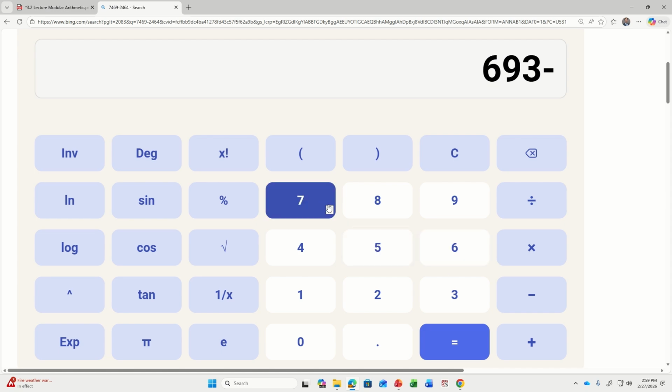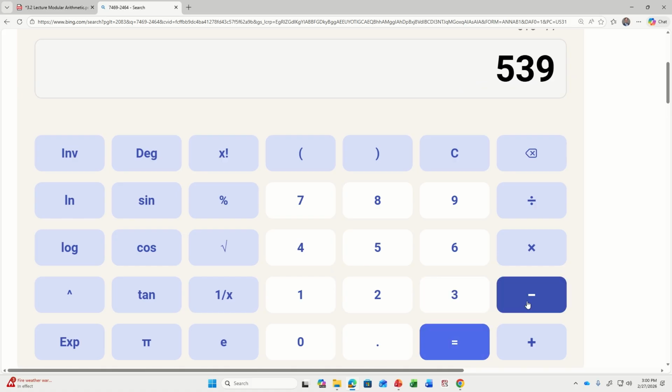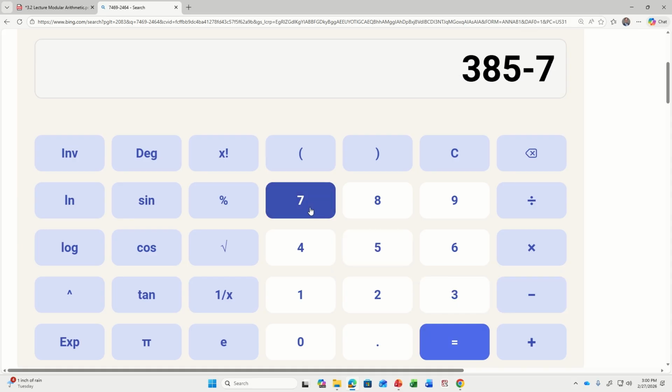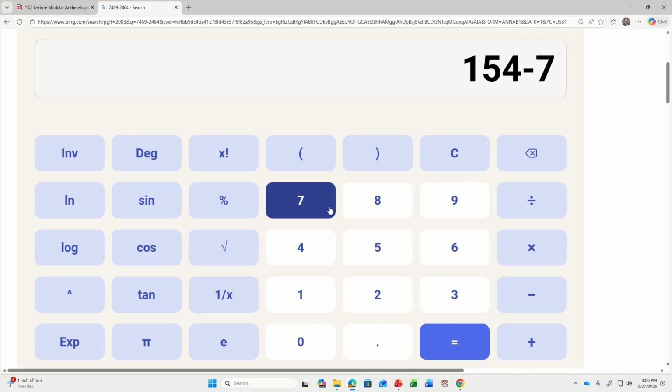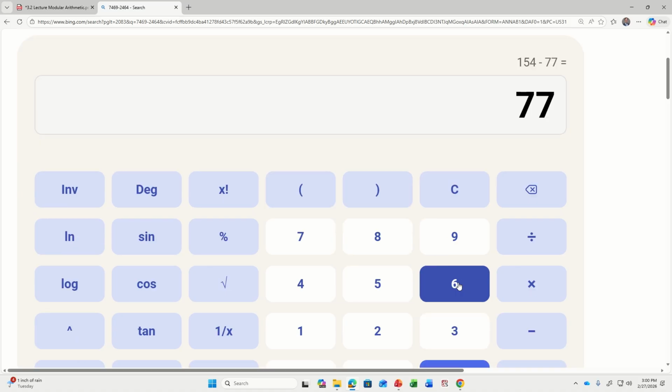Is 630 a multiple of 77? Oh, the whole thing was a multiple of 77, wasn't it?